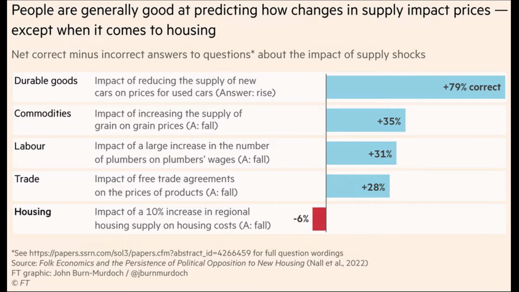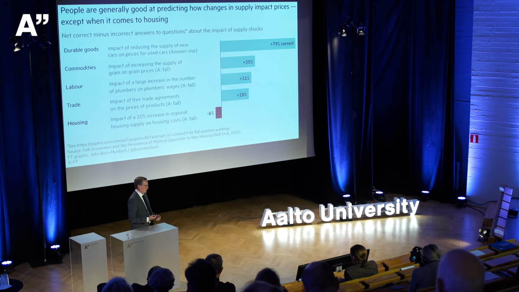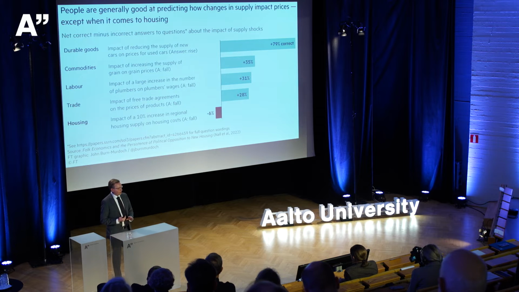What's interesting here is that people are generally good at predicting how changes in supply impact prices, except when it comes to housing. The first example here is cars. What is the impact of reducing the supply of new cars on the prices of used cars? The correct answer is that prices would increase, and a clear majority of people got this one right.